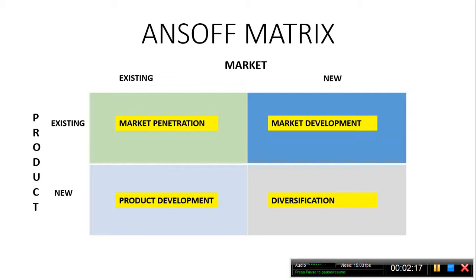And where an existing market is being served with a new product, it's called product development. But where a company diversifies and uses new products to enter a new market, that is referred to as diversification.